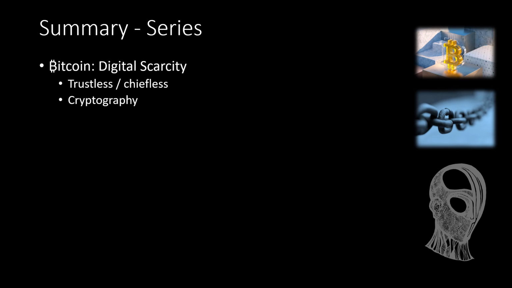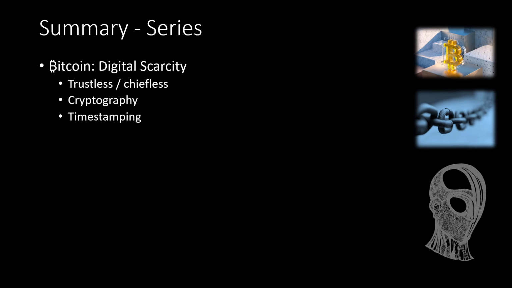So let's come up with a high-level summary of the video series. Now, Bitcoin essentially solved the problem of digital scarcity. And surprisingly, it did it by creating a trustless and chiefless construct that was unprecedented in history. It is founded in cryptography. However, it wasn't cutting-edge cryptography even at the time in 2008.